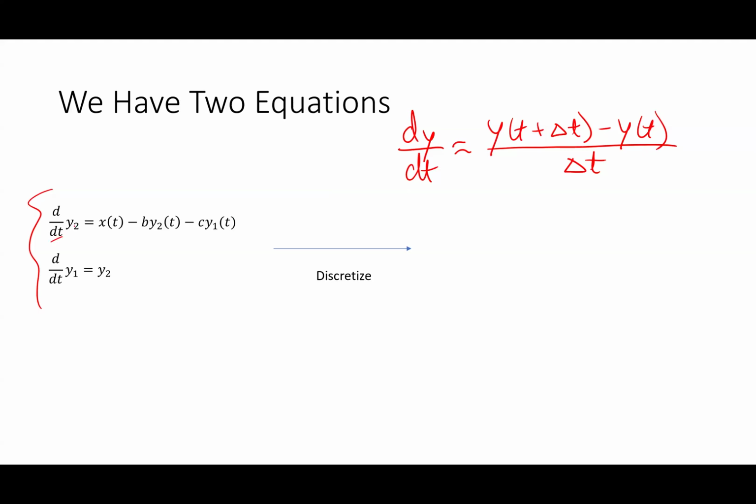What can I do here with this? How do I use this result in the first expression? Wouldn't I say y2 of t plus delta t minus what? I'm taking this side of the equation. What do I put there?